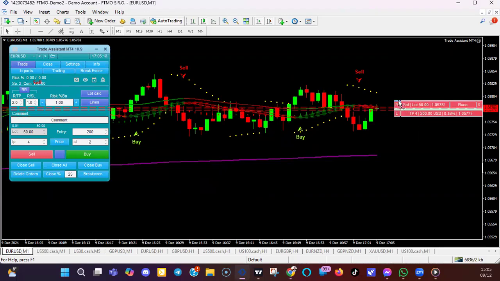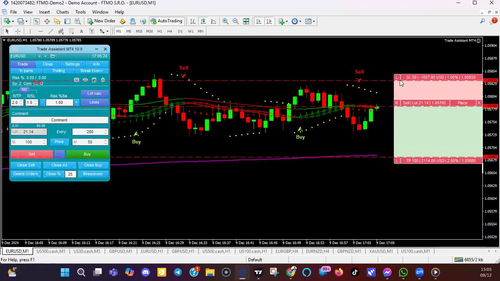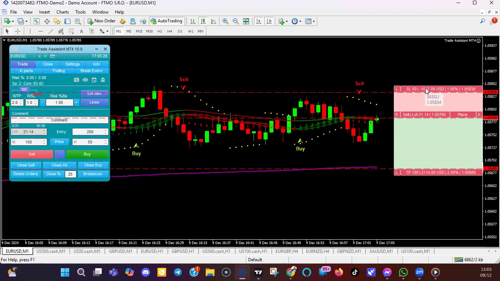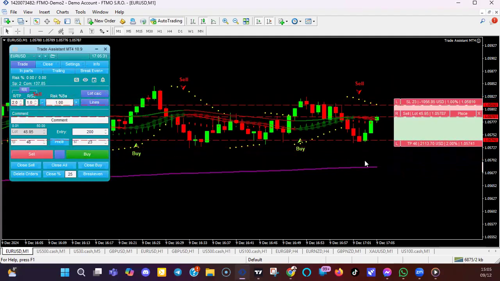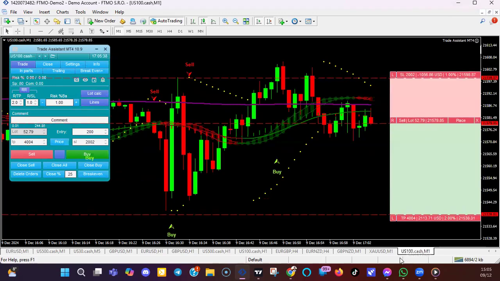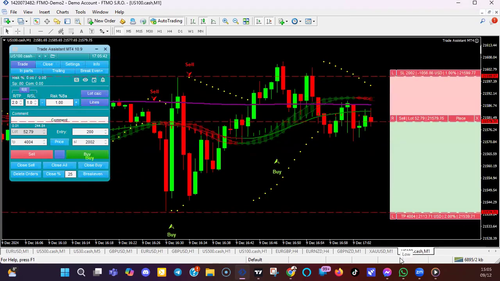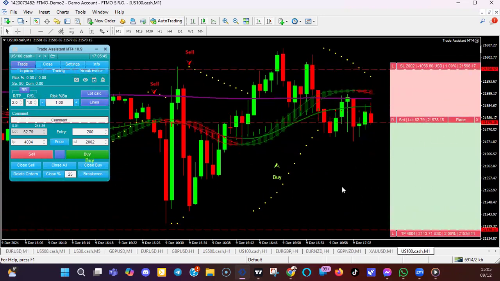I'm glad I kept out of that one. I'm sorry about all the flicking around, but yeah, there's a lot of sideways going on with the EUR USD. So I'm going to stick with the US 100 and see where this one takes us, if anywhere.